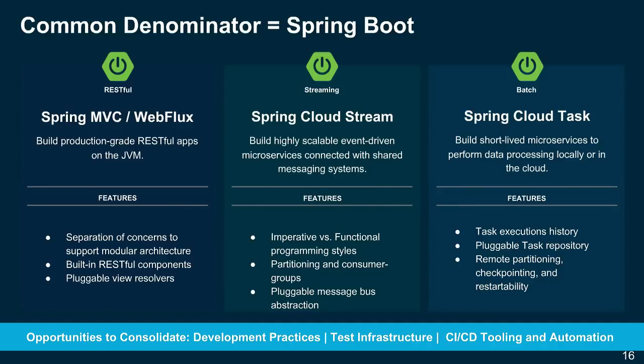For Spring Cloud Stream, it's a very nice programming model, very simple, by which you can either use imperative style or functional style in terms of your coding. And it comes with primitives that allow you to easily scale up and make sure that features such as partitioning work well, and that the idea of consumer groups, which came originally from Kafka but can be applied to other middleware, allows different sets of applications to consume the same messages.